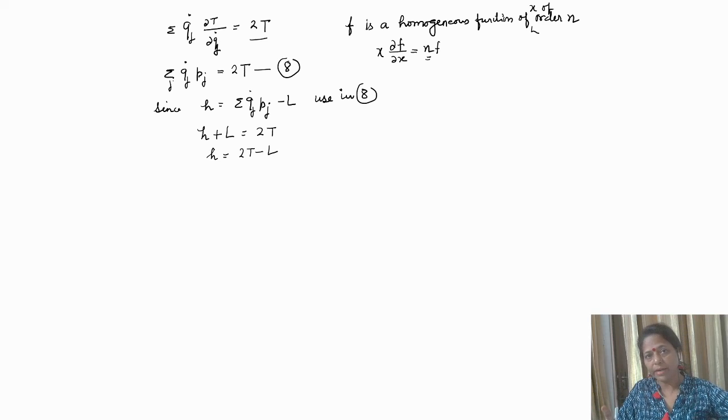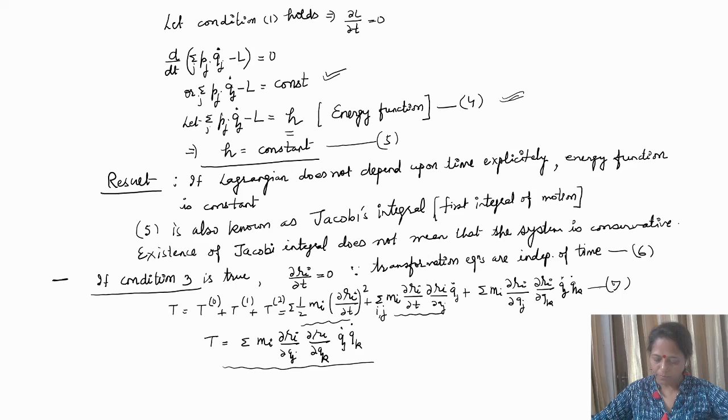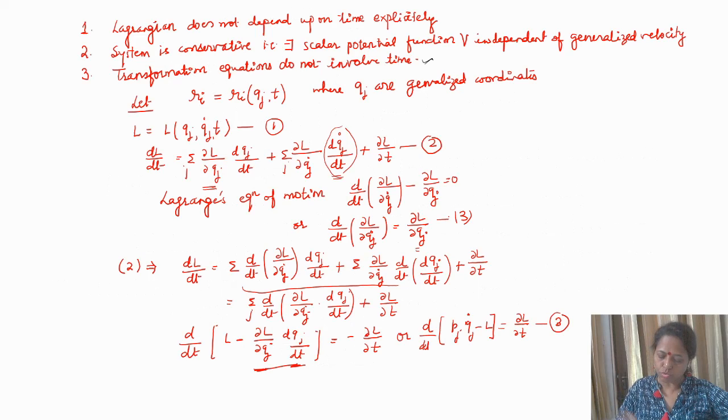Now you can write L either in terms of T minus V or in terms of T minus U. It depends whether your scalar potential function V exists for a conservative system or your U exists for a non-conservative system. So now we will consider another condition, which is your condition 2. You have already taken 3 and now you are taking 2.